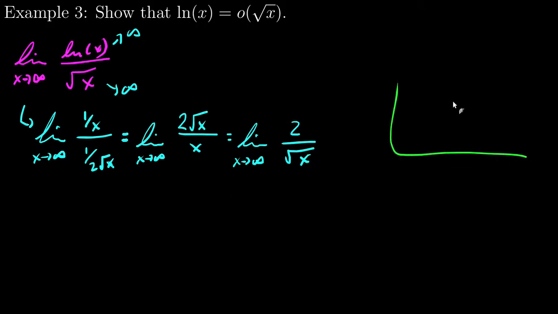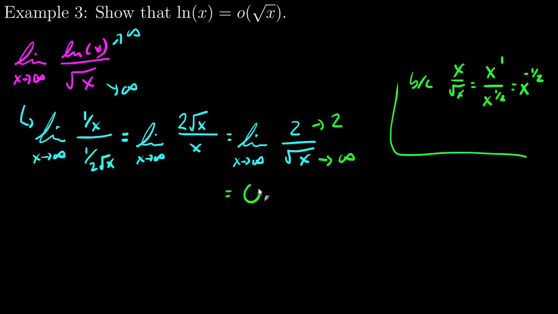Because x over root x is equal to x to the first over x to the 1/2, which means I subtract the exponents and I get x to the negative 1/2. Negative means it's going to go to the denominator. 1/2 means I have the square root. Now, the numerator is approaching 2. It is 2. The denominator is approaching infinity, and I see that this limit is 0.